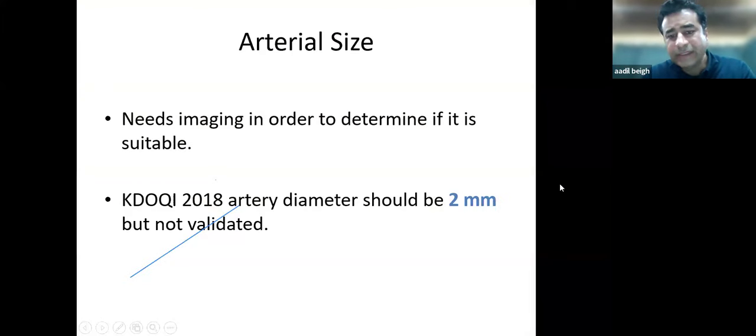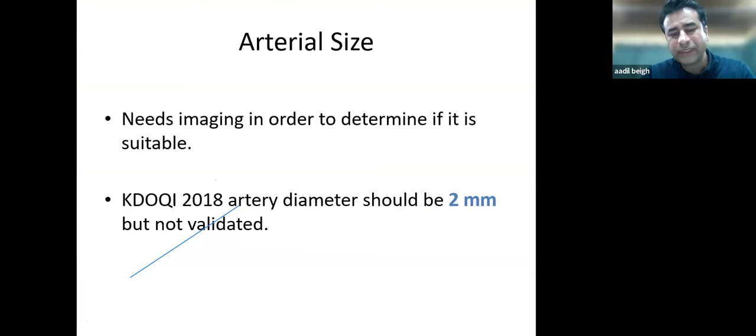So there should be at least 2 mm of arterial size for the creation of AV fistula. When you see with the Doppler, there should be 2 mm, the inner diameter. Intimal to intimal diameter should be 2 mm. But it's not validated. Why?